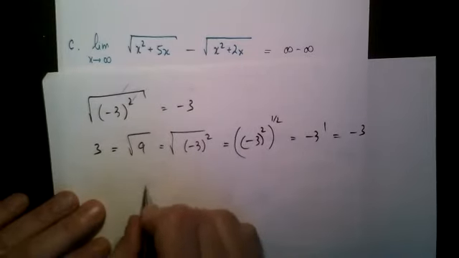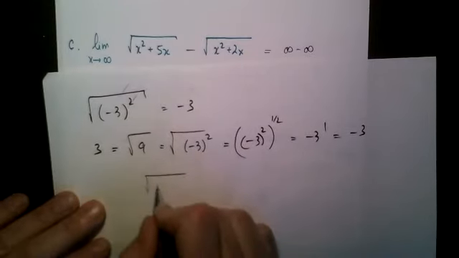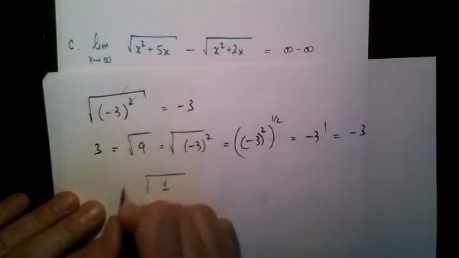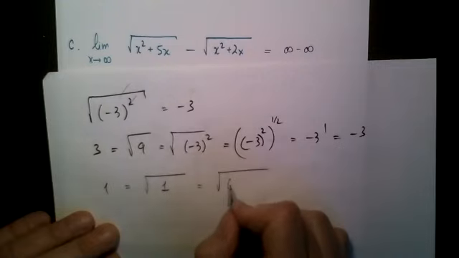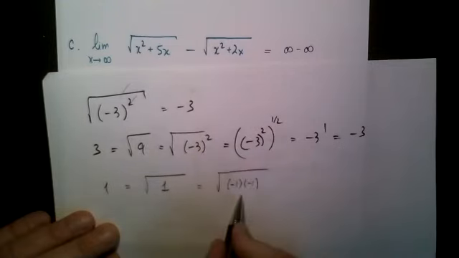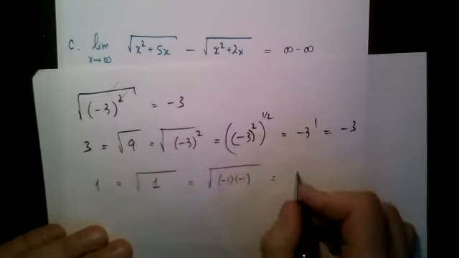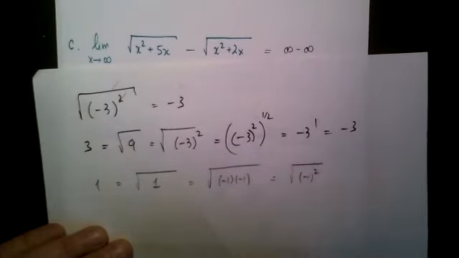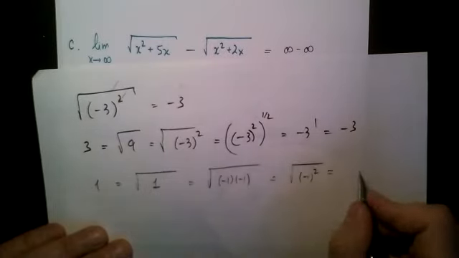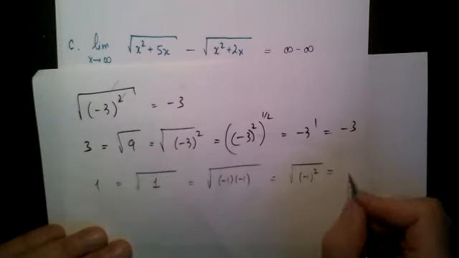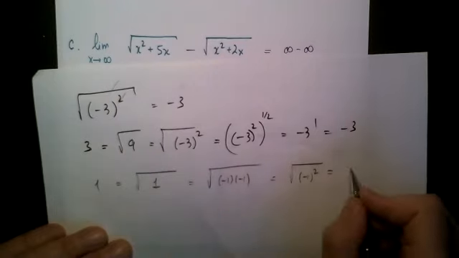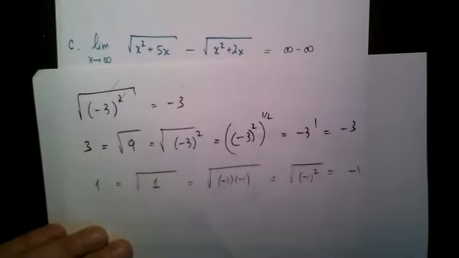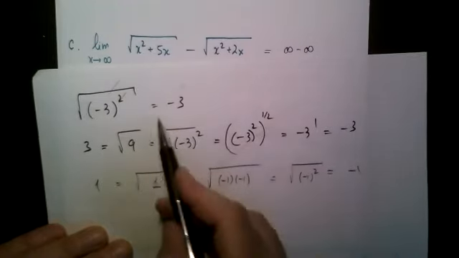It's like if I do this, the square root of 1 is equal to 1, that's equal to the square root of -1 times -1, that's the square root of -1 squared, and if you say just x, it's -1. So that doesn't work.